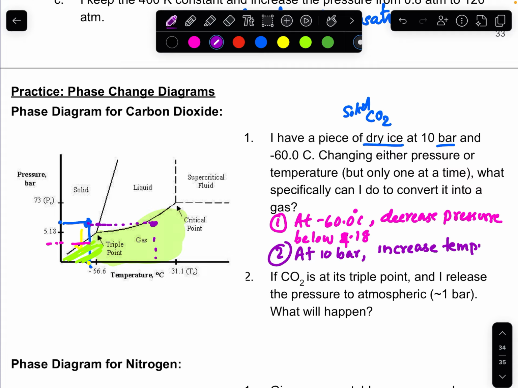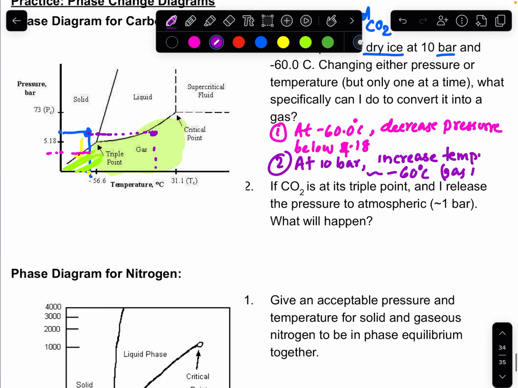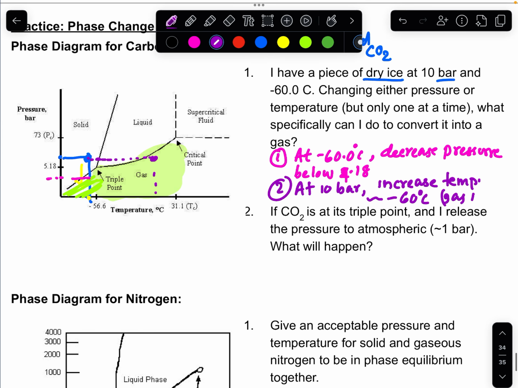So that is between almost 100, so that will be 50. Maybe like 60 degrees Celsius, right? Approximate 60 degrees Celsius. That will convert into what? Gas.